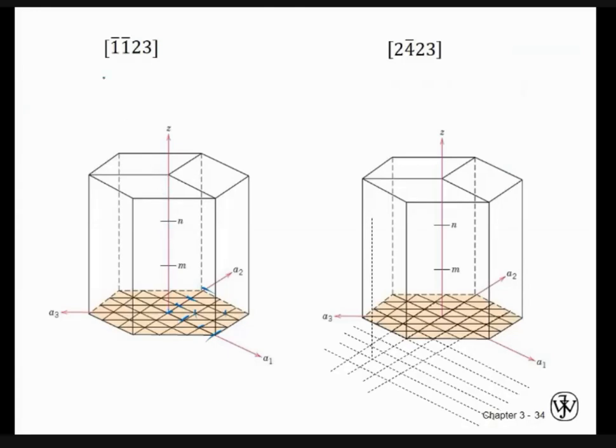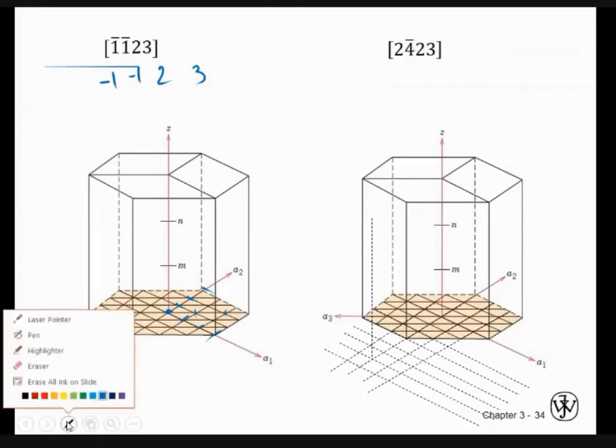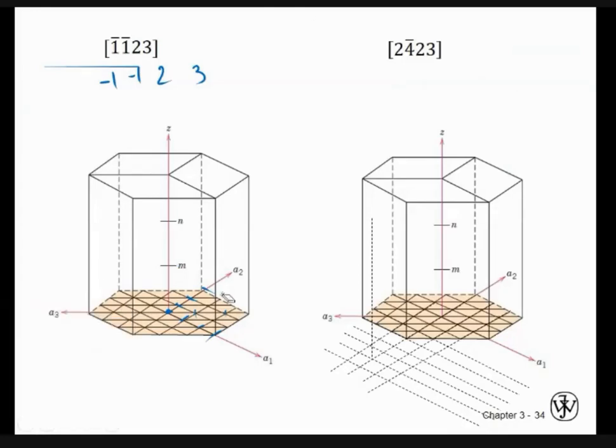What we need to do is first open the bracket: -1, -1, +2, +3. So what do I have over here? I am here, and let me change the color. Actually, let me erase this, so we will need this space.